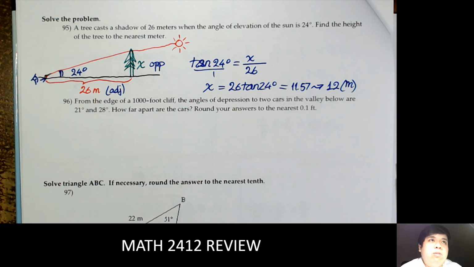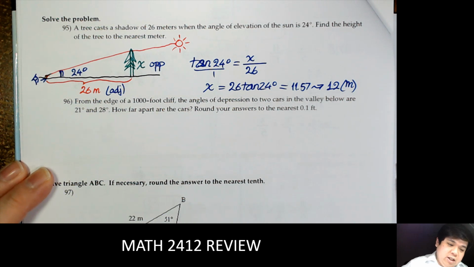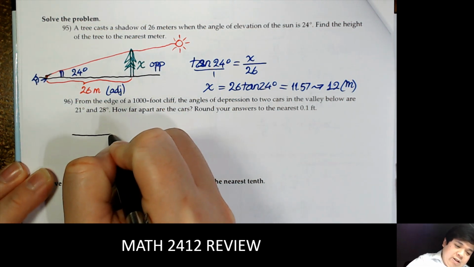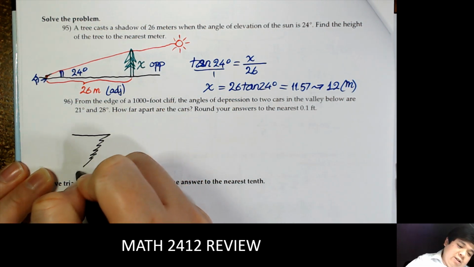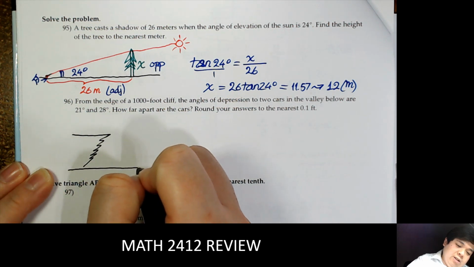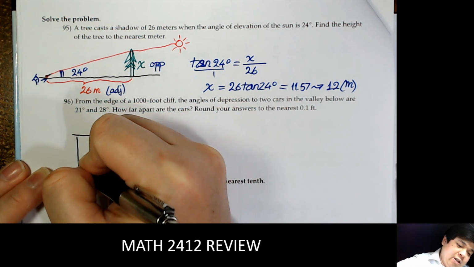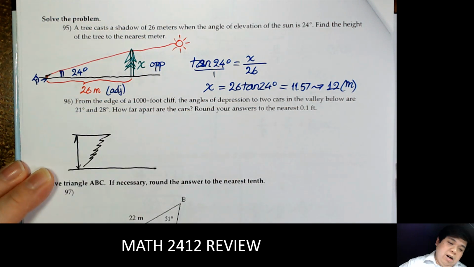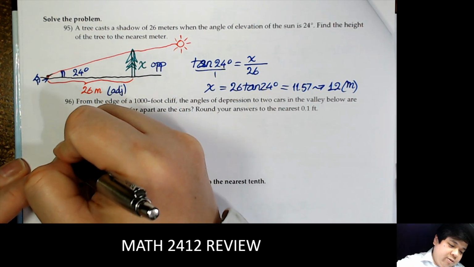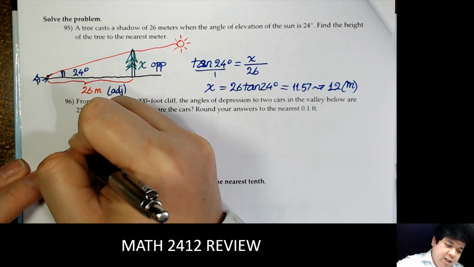Next, from the edge of a cliff that is 1,000 feet high, the angles of depression to two cars are 21 and 28 degrees. How far apart are the cars? So again, I'm going to draw this. I will have the edge of the cliff, and the height of the cliff is 1,000 feet.